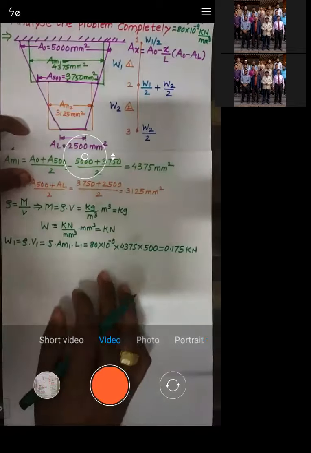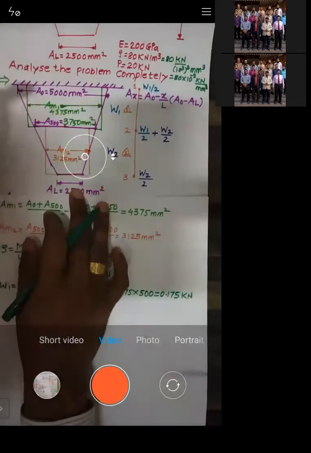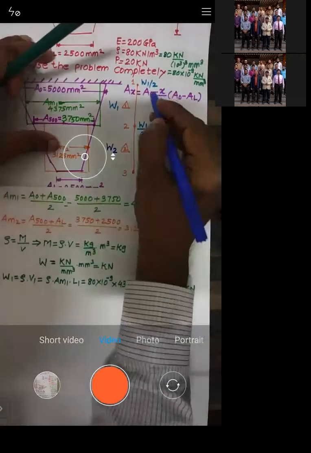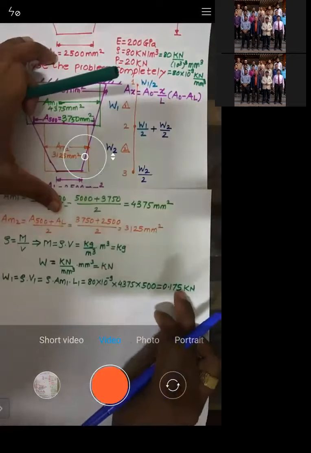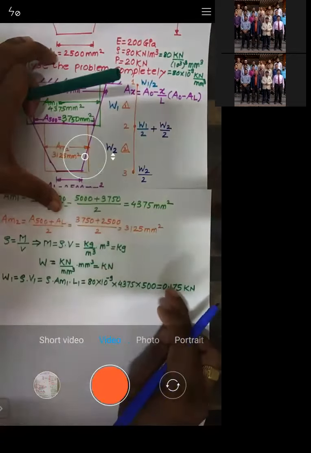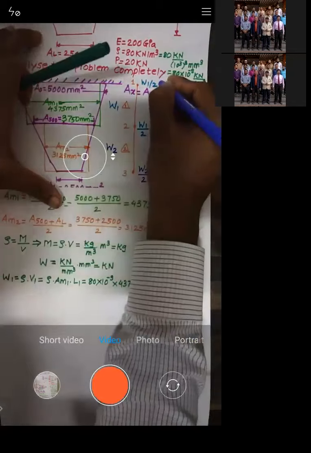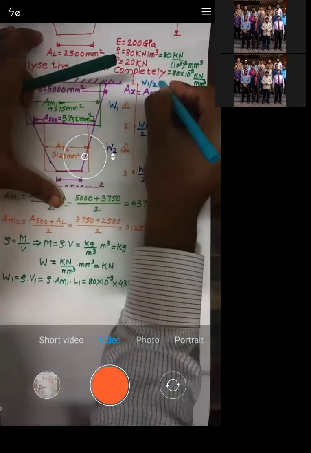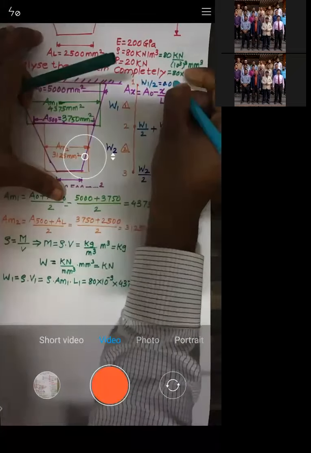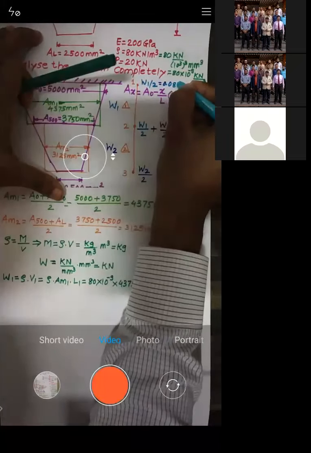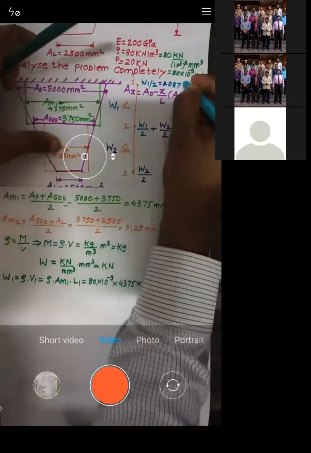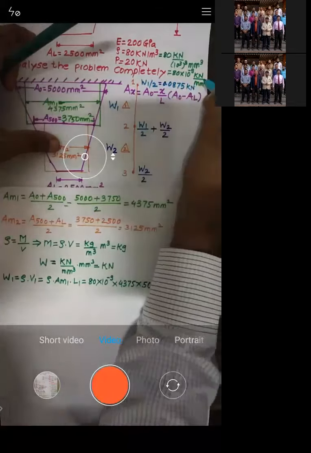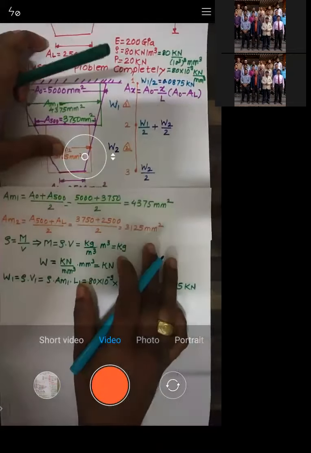So see what will happen, as I told you, see W1 by 2. So what is the half of 0.175? Half of 0.175, that is equal to 0.0875 kilonewton. 0.0875 kilonewton, right?